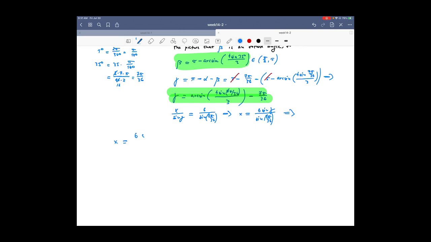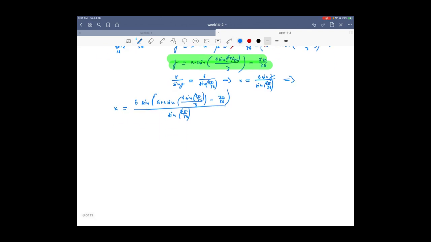So x is 6 sine of arcsine 4 sine 7 pi over 36 divided by 3, minus 7 pi over 36, divided by sine of 7 pi over 36.